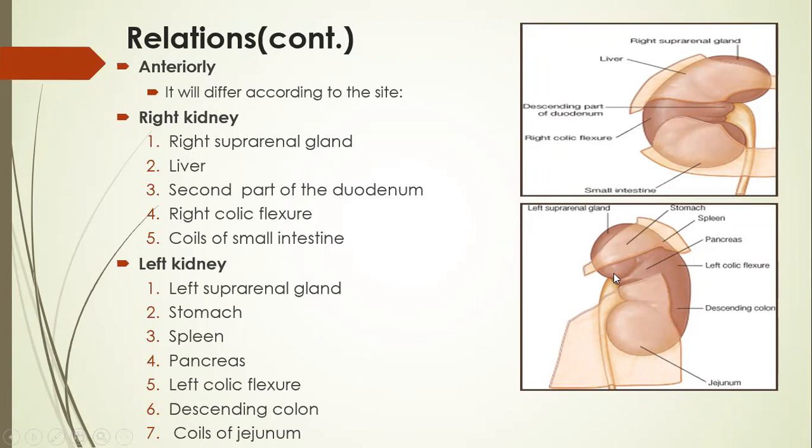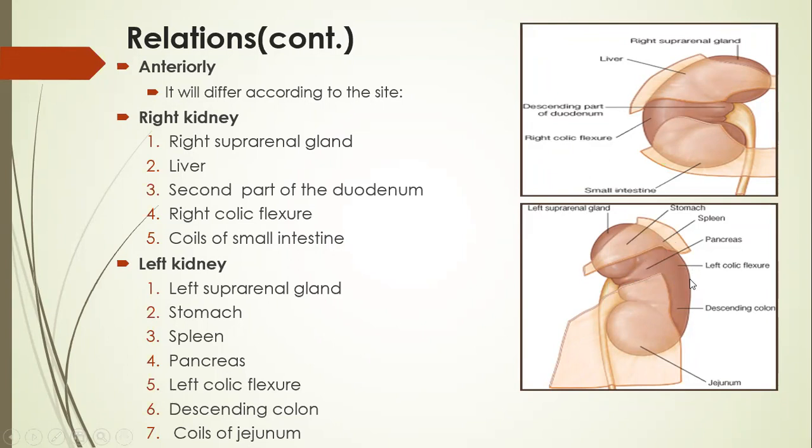For the left kidney, it differs slightly. On the top it will be the left suprarenal gland. Then below that, instead of the liver, here it will be the stomach, as the relation for the left kidney. Then we have the spleen and the pancreas. Very important, the spleen is on the lateral side, and the tail of the pancreas will come here.